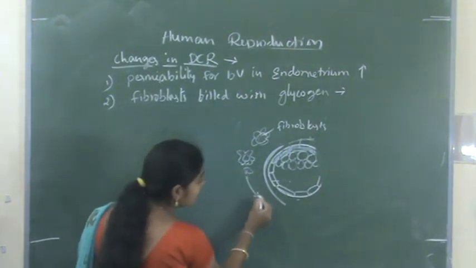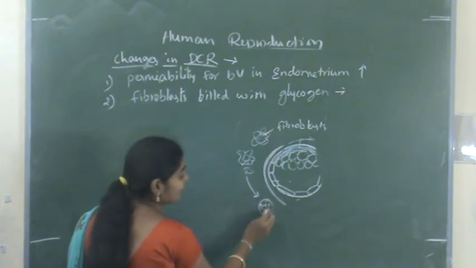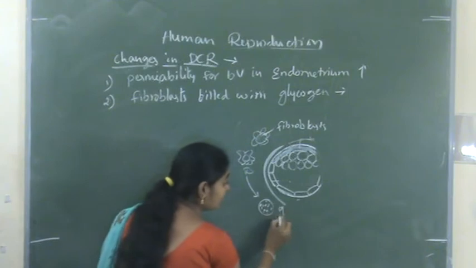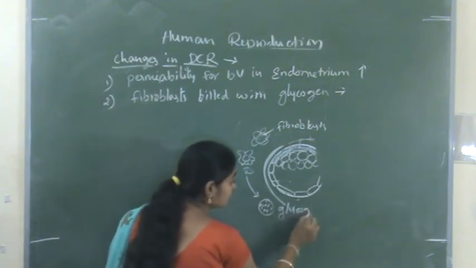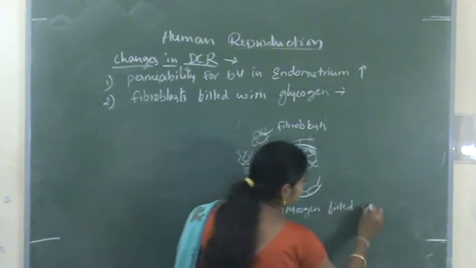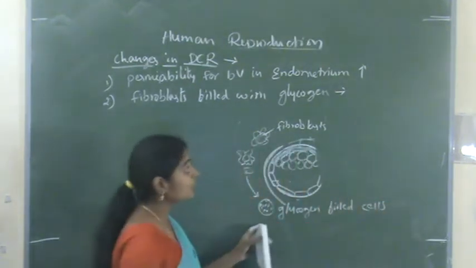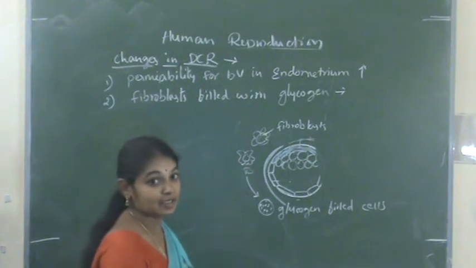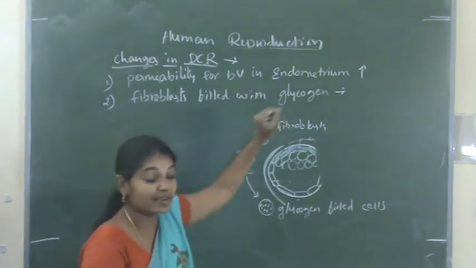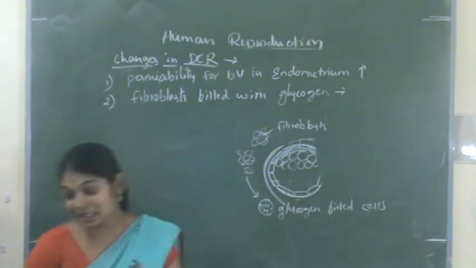These cells are completely filled with glycogen, so the fibroblasts filled with glycogen form the glycogen filled cells.